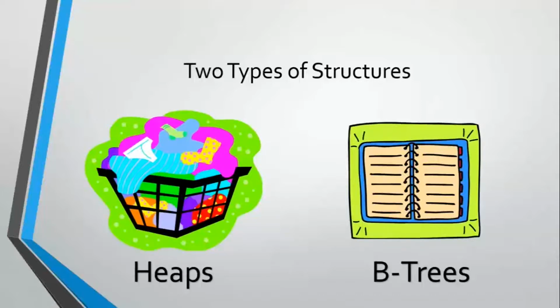A table can be a heap, with no clustered index, not organized in any logical way, or I can have a clustered index table that's organized as a B-tree. And don't worry, I'm going to show you in just a few minutes what a B-tree is.